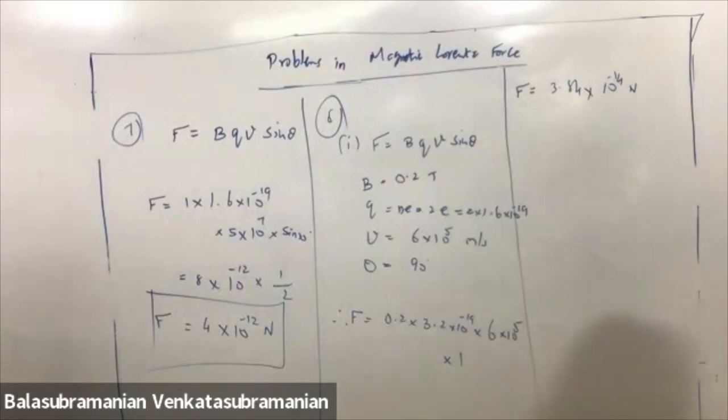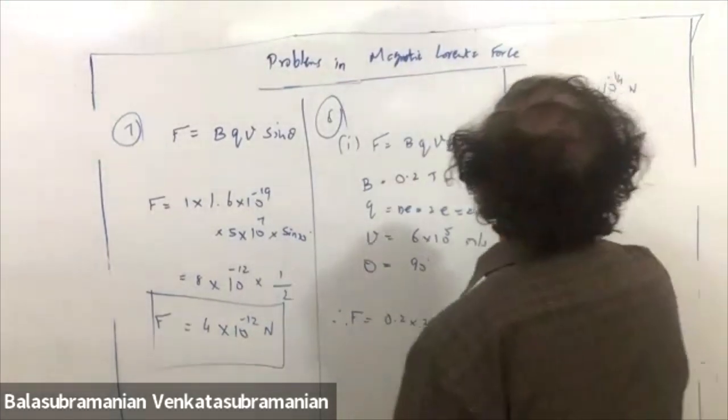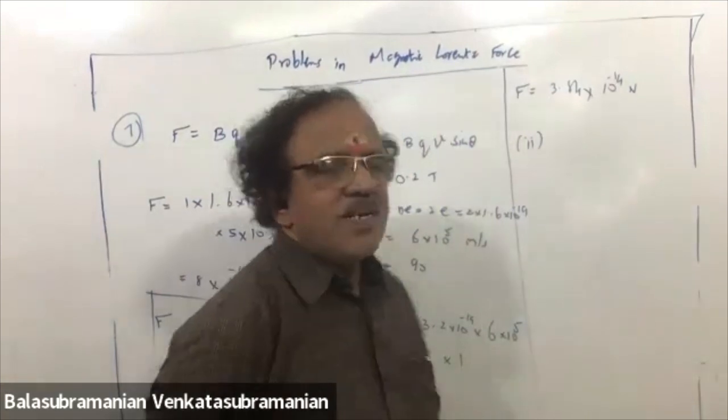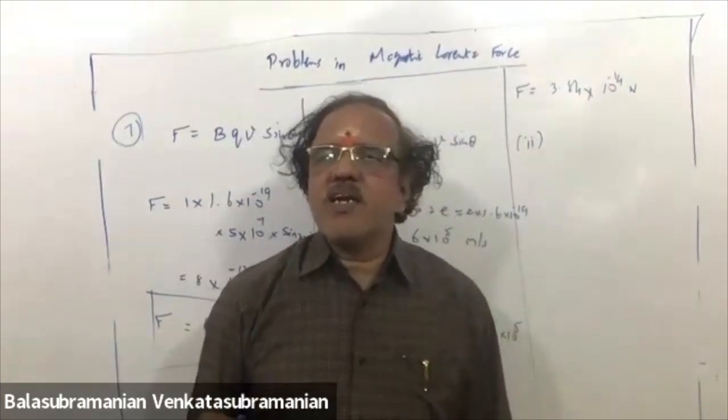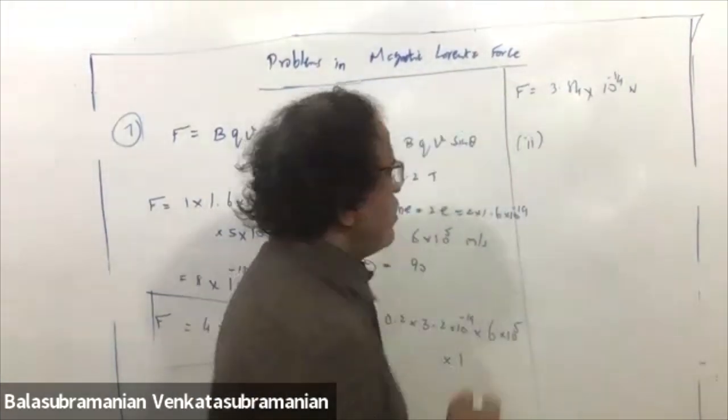So 3.84 into 10 power minus 14 Newton. This is the first part. The second part is to calculate the acceleration.